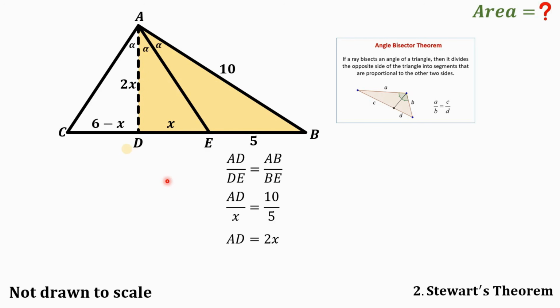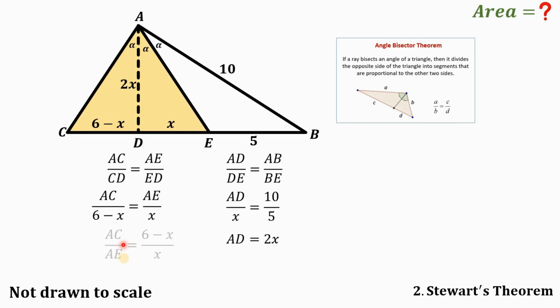And now, let's focus on this triangle ACE. Again, using the angle bisector theorem, we can say that AC over CD equals AE over ED. Now, CD is 6 minus x, and ED is x. In short, AC over AE is 6 minus x over x.